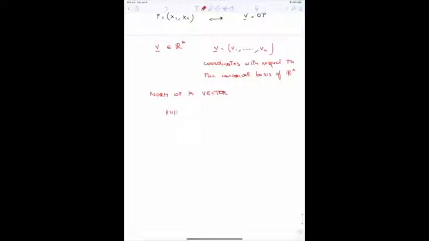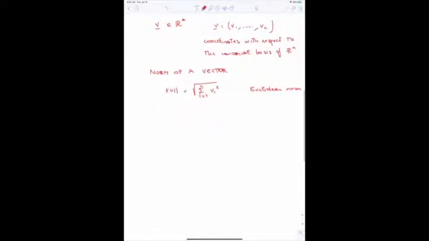So the norm of v is the square root of the sum for i that goes from 1 to n of vi squared. This is also called the Euclidean norm. It's not the only norm that we can define, but this is the one that we're going to use the most. We generally say that this norm induces a distance, which is called the Euclidean distance.